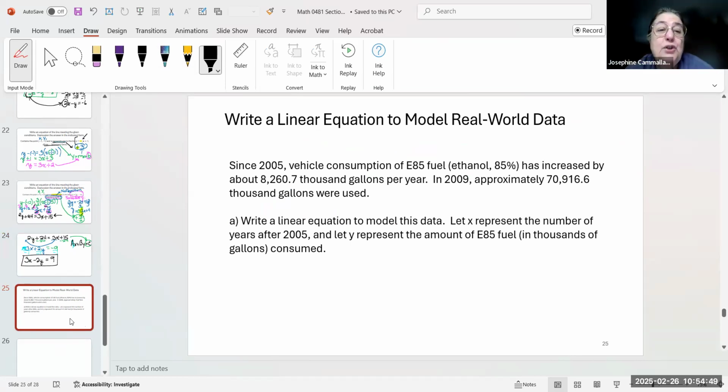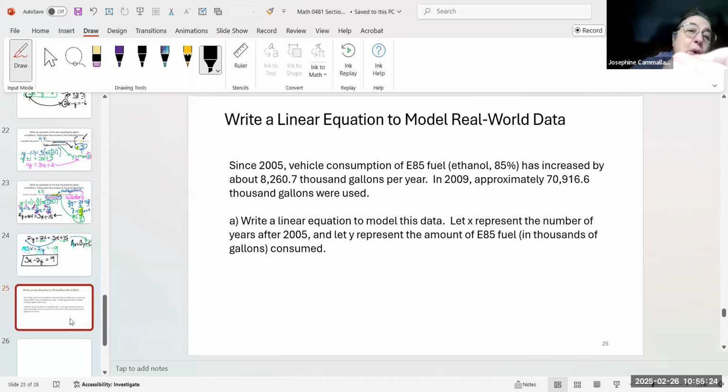It says since 2005, vehicle consumption of E85 fuel, or ethanol, 85%, has increased by about 8,260 and 7/10 thousands gallons per year. In 2009, approximately 70,916 and 6/10 thousands gallons were used.